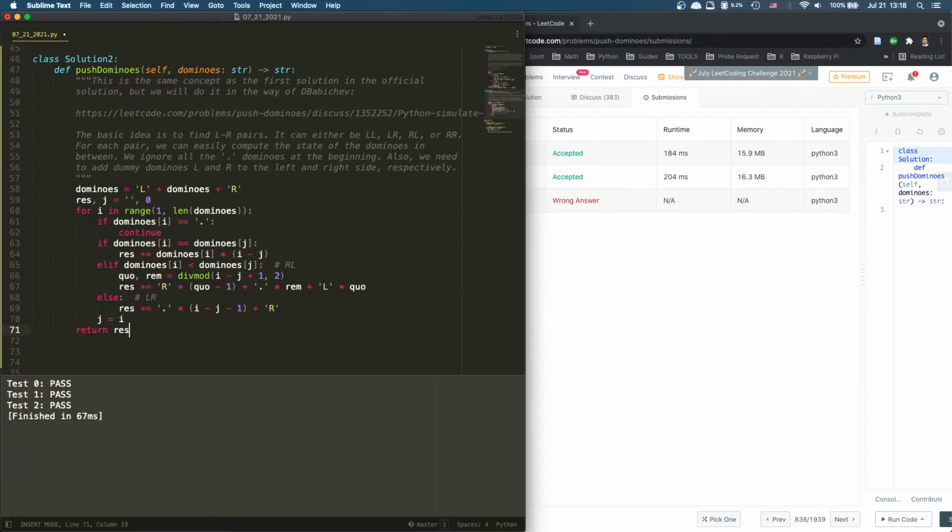Because it's the same, right? Then we have to go to the middle part. There's a question of where do we include the ones.